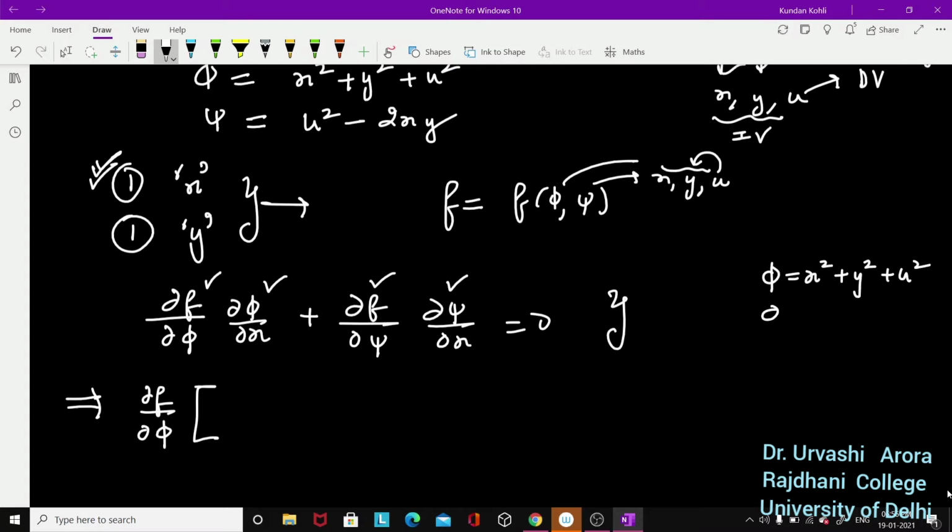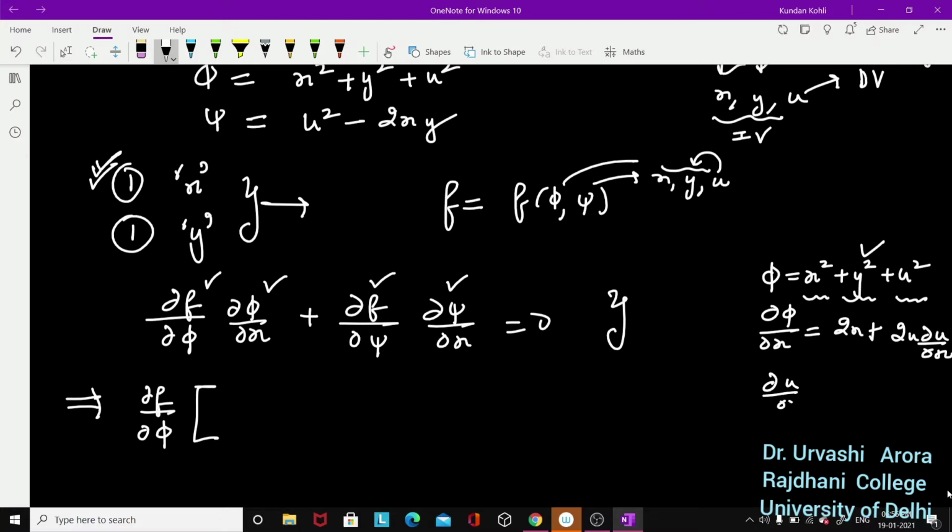So del phi by del x is going to be, the derivative of the first term, 2x. The derivative of the second term with respect to x is going to be 0 because x and y are independent variables, so the partial derivative of y with respect to x is 0. And the partial derivative of u square with respect to x is going to be 2u del u by del x. So this is the expression that you have, and 2 you can keep as it is.